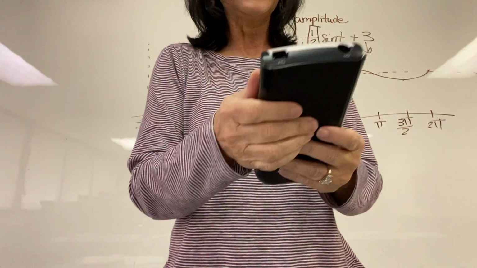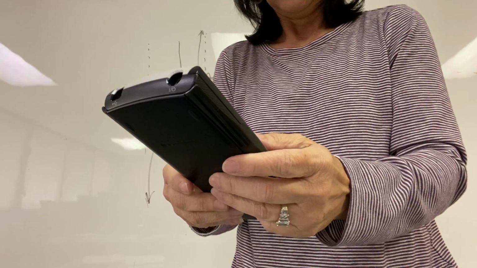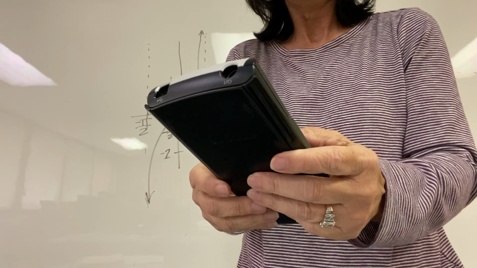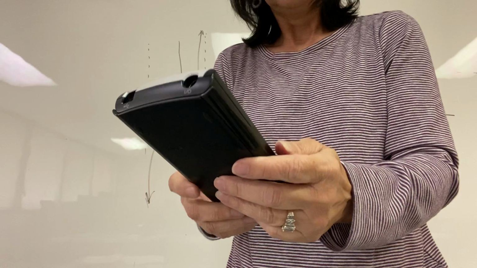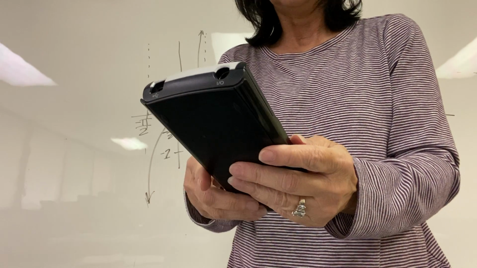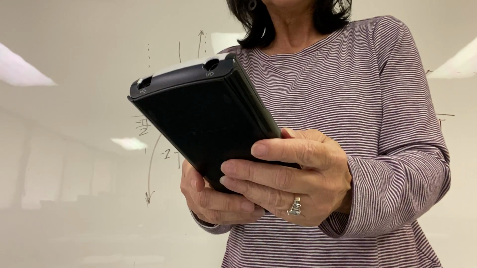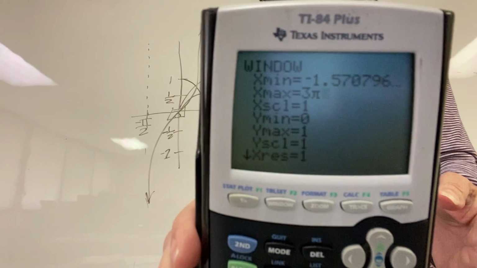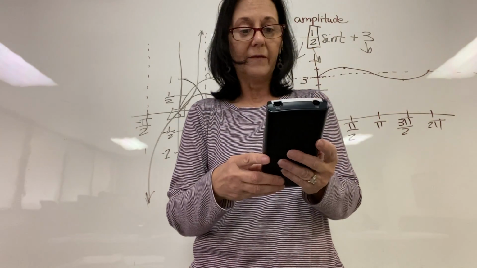Your x min is going to be negative, and you see pi in your calculator? It's shift, that top caret, over 2. And for your x max, let's just go to 3 pi. Remembering that your radians is on the x-axis.